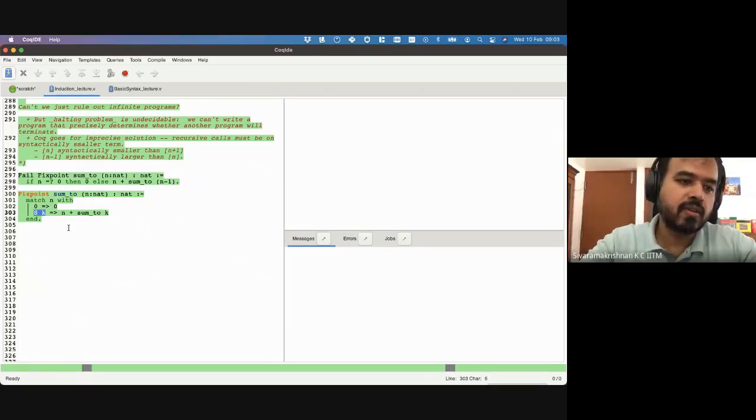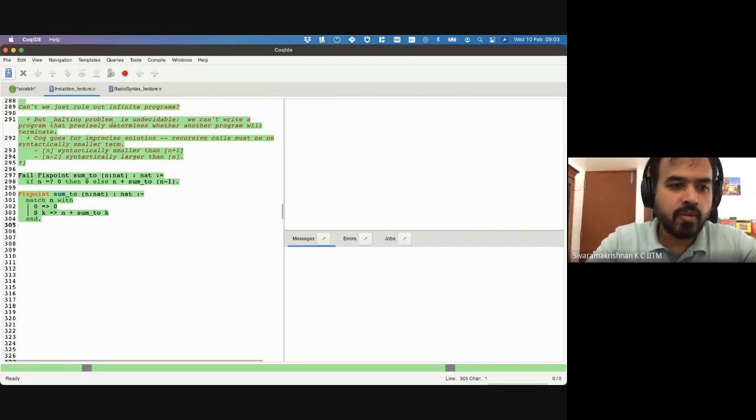Okay, so good question. It's actually a really good question. The way Coq looks at termination is, if you have an inductive type, the way inductive types are defined is there is some base case for the construction of the inductive type, and then there are the inductive cases, where you use a smaller structure of the same type and build on top.